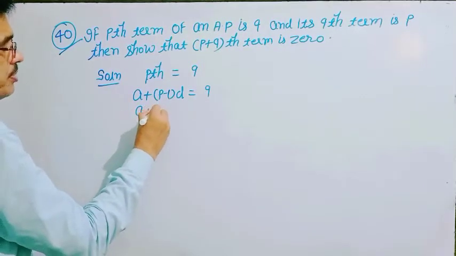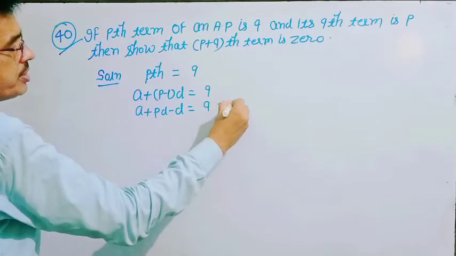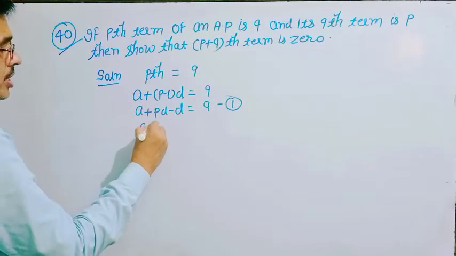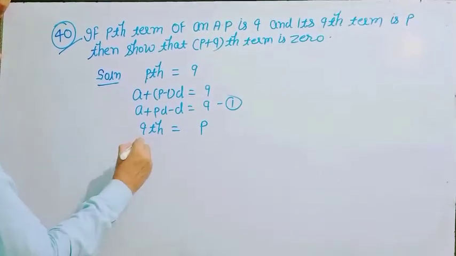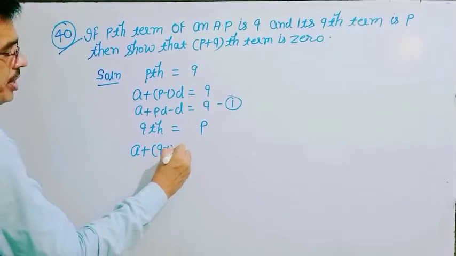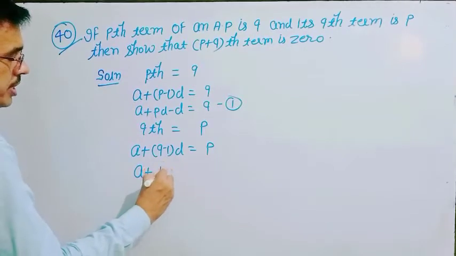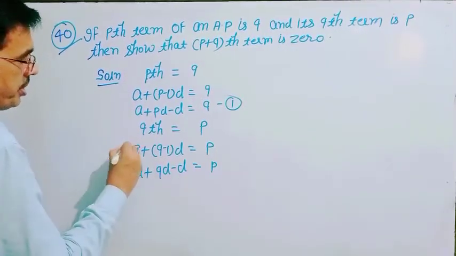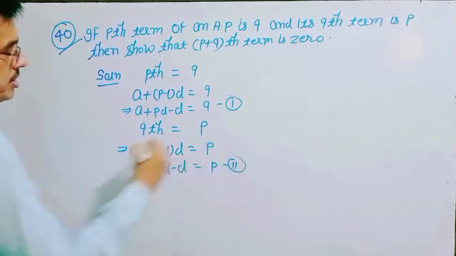So A plus PD minus D is equal to Q. First equation. Similarly, the second equation: the qth term is given as P. So you write A plus (Q minus 1) into D is equal to P. That is A plus QD minus D is equal to P. Then you write the second equation.